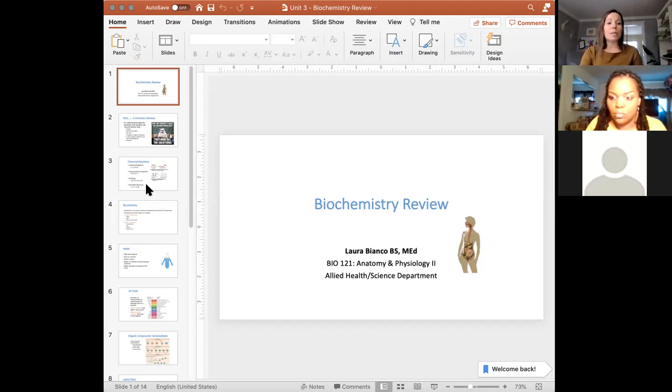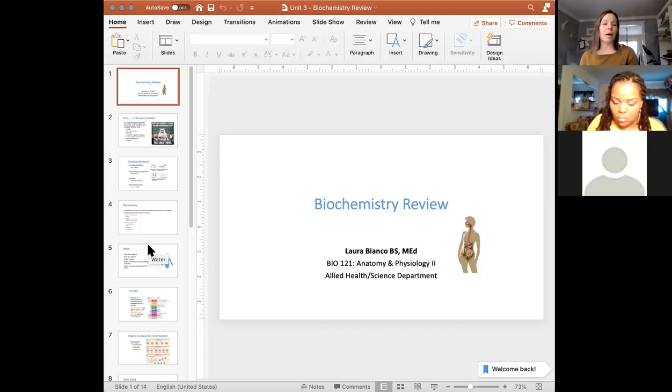What's really important from chapter 2 that relates to the digestive system is the major organic molecules, because these are the things that we're ingesting, like carbohydrates and proteins, and then knowing which enzymes break those down and what the components are that they get broken down into.